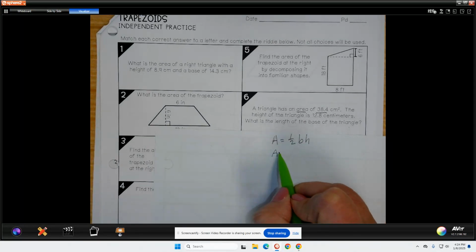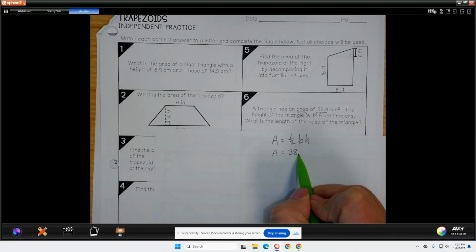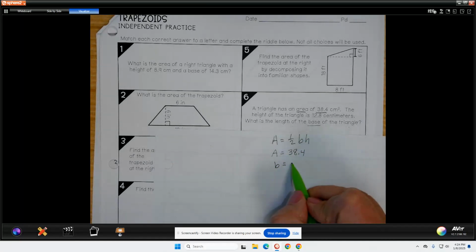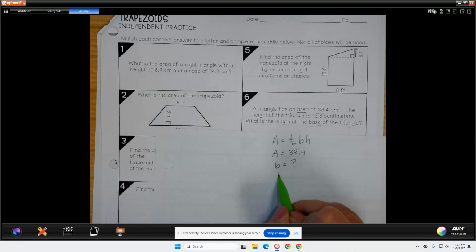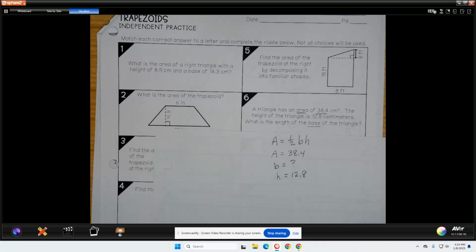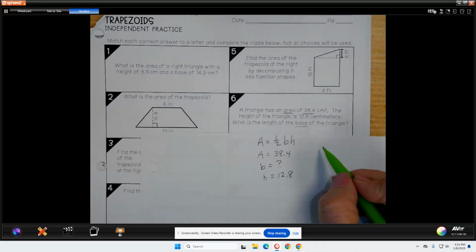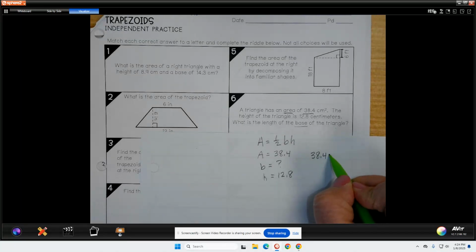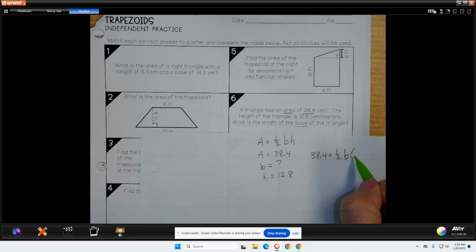So we know our area is 38.4. Our base, we don't know. And our height is 12.8. So I'm going to plug in my numbers. Area was 38.4 equals 1/2 base times height.